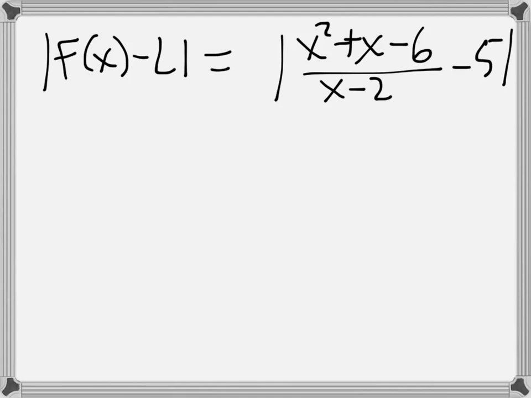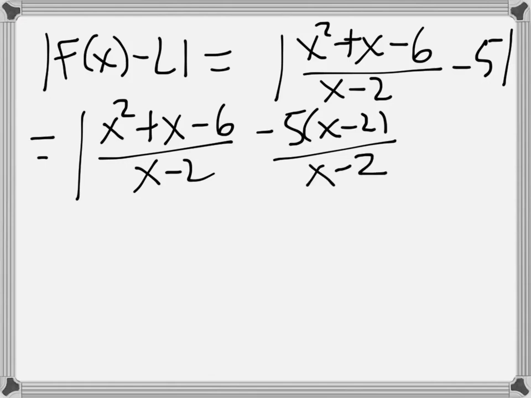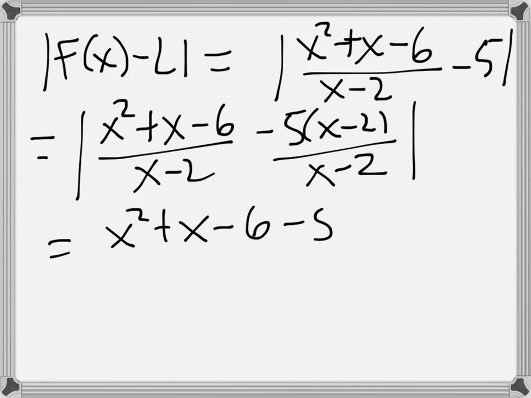So now I can do some of the similar work I did when I was finding delta. I'll do a common denominator, because right now, remember, this is just an expression I'm manipulating. So the common denominator is x minus 2, and that'll make the numerator x squared plus x minus 6, but now minus 5x plus 10, because I have to distribute that negative.